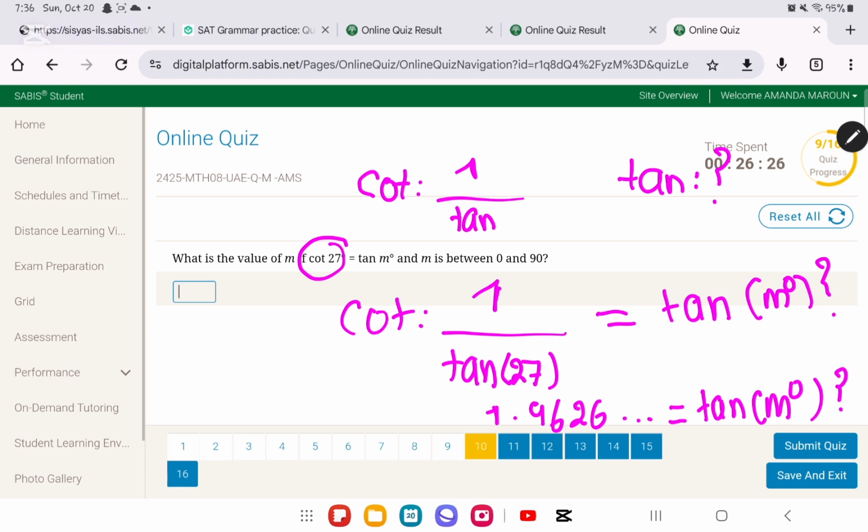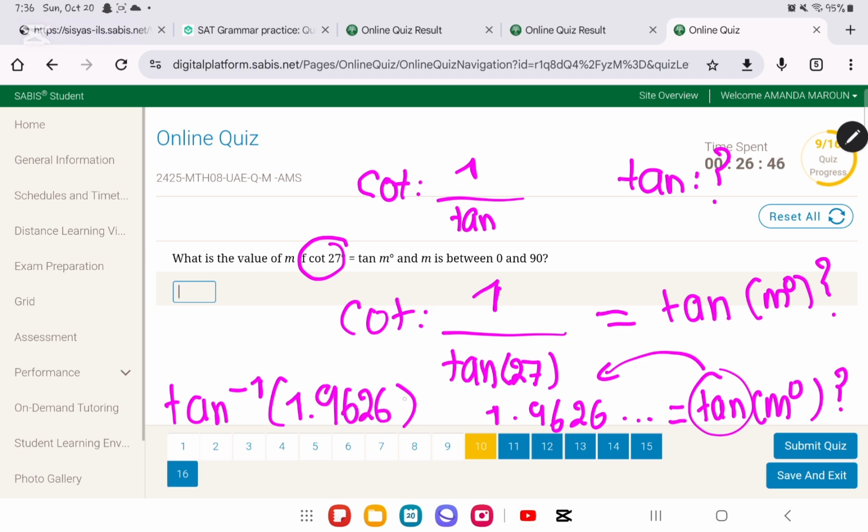If you remember from last year, if we have the value and we need to find the angle, basically, if we move tangent to the other side, it becomes inverse of tangent. So we put tangent inverse of 1.9626 and so on, and it will be equal to the measure of the angle.